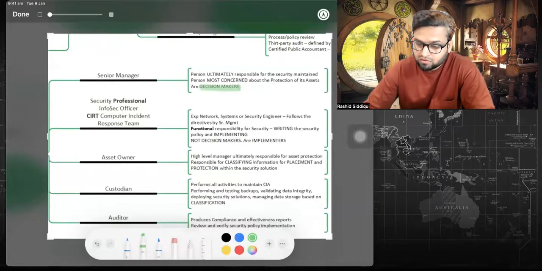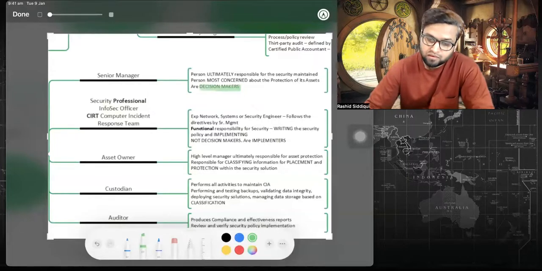The difference between asset owner and custodian is that the asset owner actually owns the responsibility of classifying and securing the data. And the custodian actually implements technology, or he takes due care in ensuring that whatever due diligence has been done by the asset owner is implemented as due care by the custodian. We'll come to due diligence and due care later in the next video.